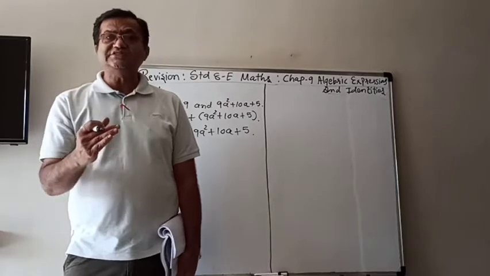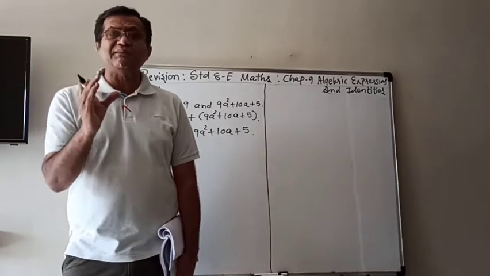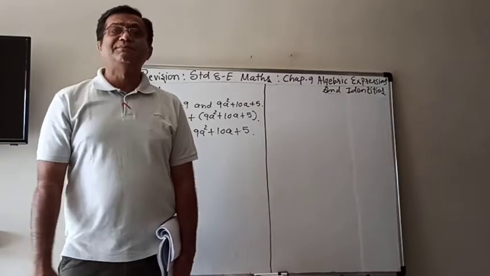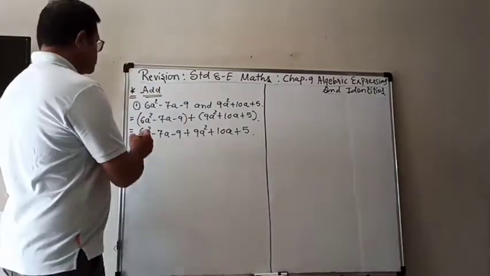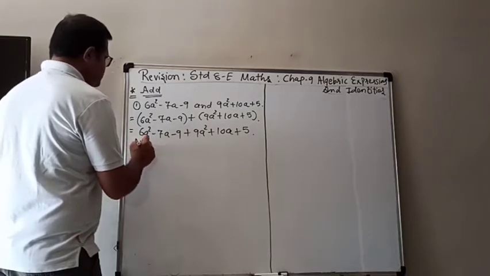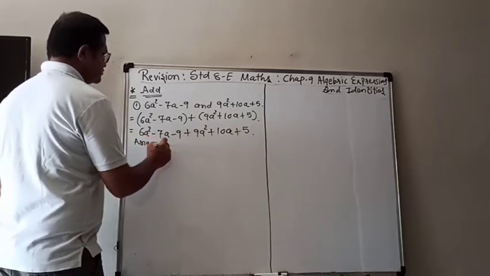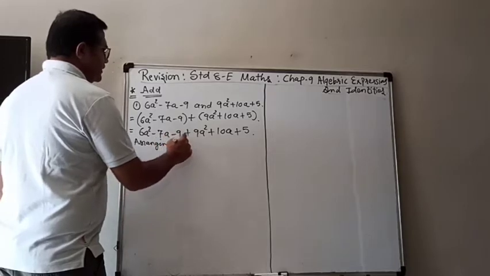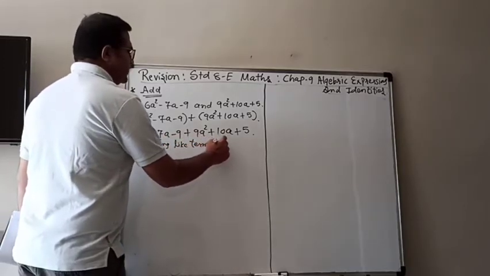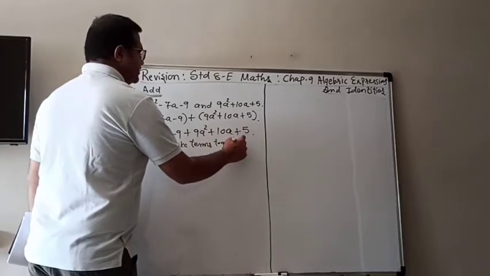So we will arrange the like terms, means the same family members we will bring together. So we will write down arranging like terms together. Like terms means the same family.